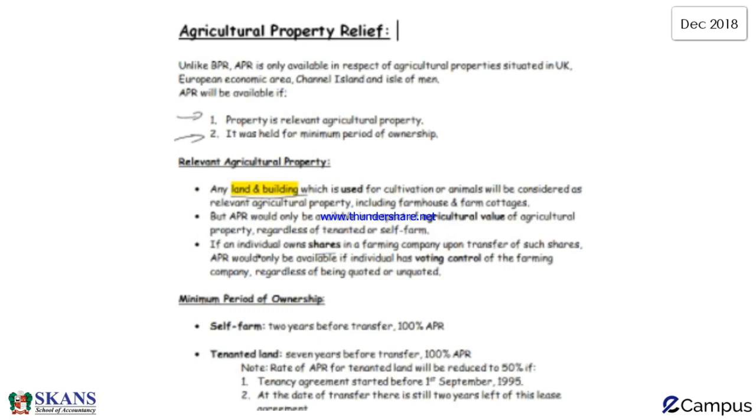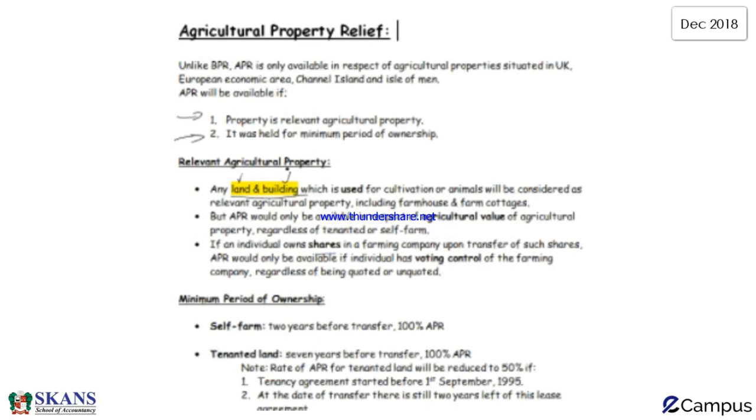Other than shares, what are the assets which could have been considered as relevant agricultural property? Candidates, make sure it has to be either land or building. Anything other than land and building could not be considered as agricultural property.